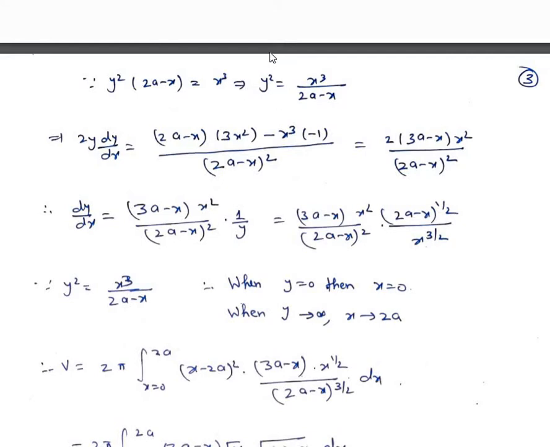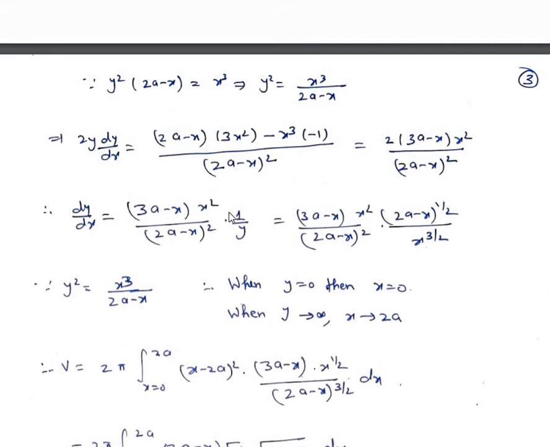Now differentiating it, we have 2y dy/dx equal to (2a − x) into the differential of x³, which is 3x², minus x³ into the differential of 2a − x, which is −1, upon (2a − x)², which comes out to be 2(3a − x)x² upon (2a − x)². The 2 gets cancelled, so therefore dy/dx is (3a − x)x² upon (2a − x)² into 1 upon y. Put the value of y from here, so we get this expression.